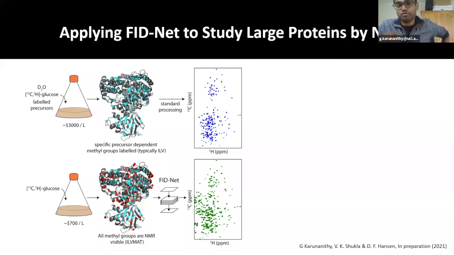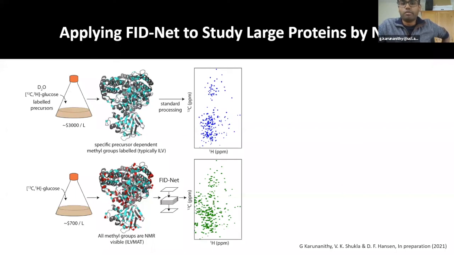Once you put it through the deep neural network, for free, you'll get resonances associated with all methyl groups. So that's isoleucine, leucine, valine, methionine, alanine, threonine. You'll get isoleucine delta 1 as well as gamma 2. So you get more probes for free, which may be an advantage or a disadvantage depending on how you see it, but they're all there.